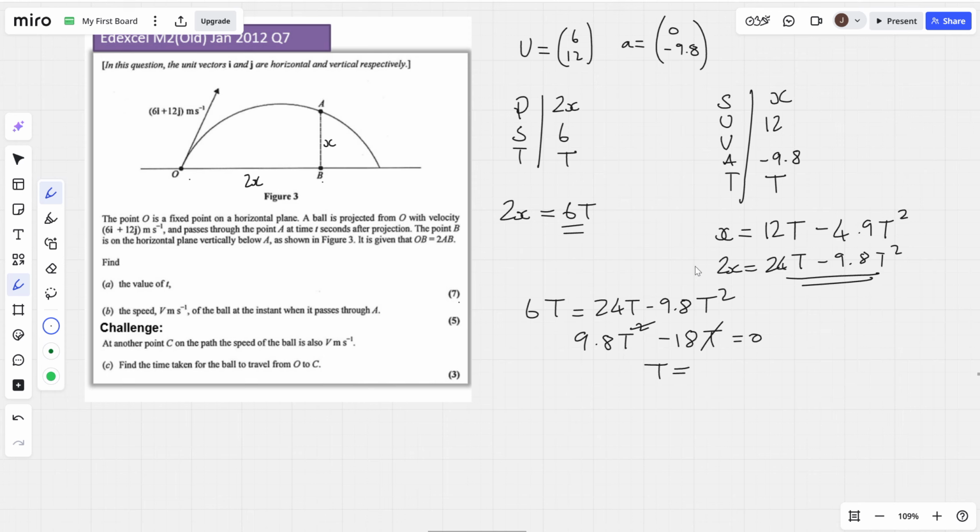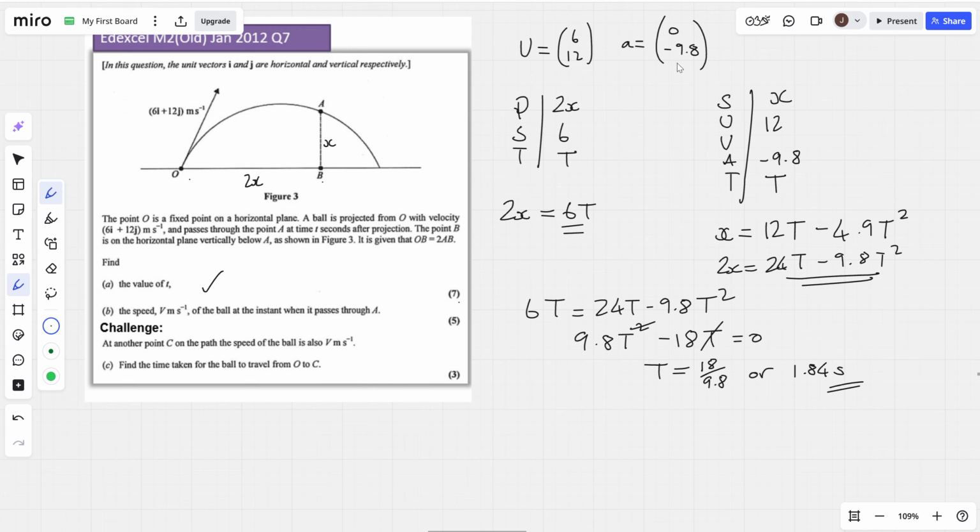When you solve it, have I got the number here somewhere? I've got 18 over 9.8, sorry. Or, what's that? 1.84 seconds. Okay, so that's how you do the first bit.